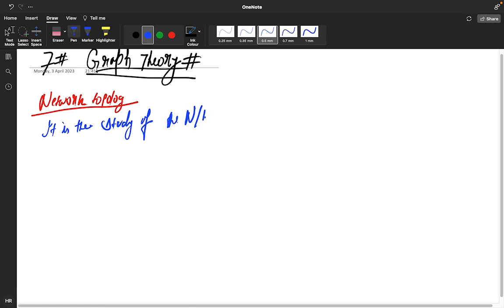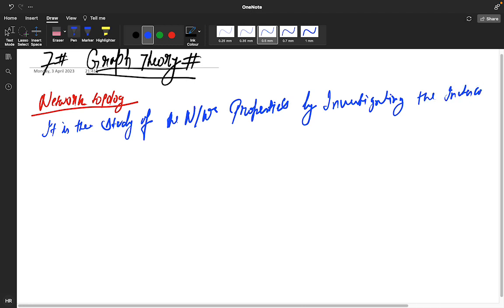the network properties by investigating the interconnections between branches and nodes.